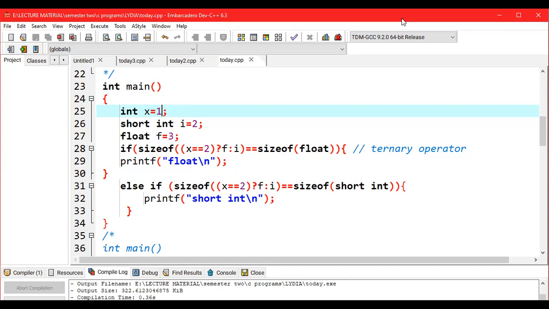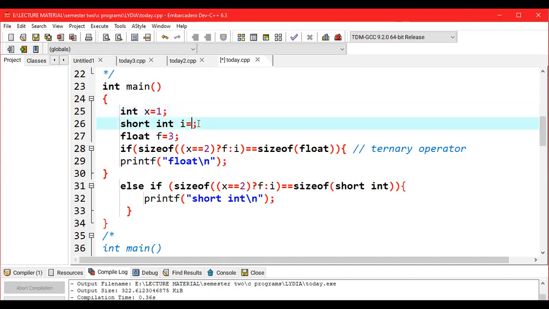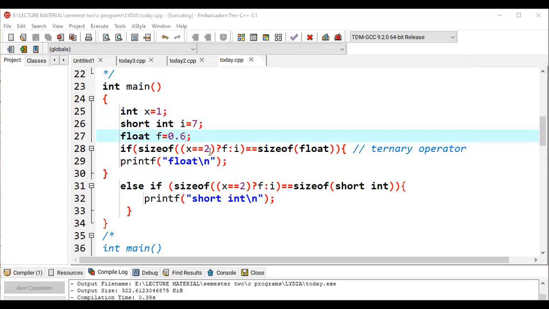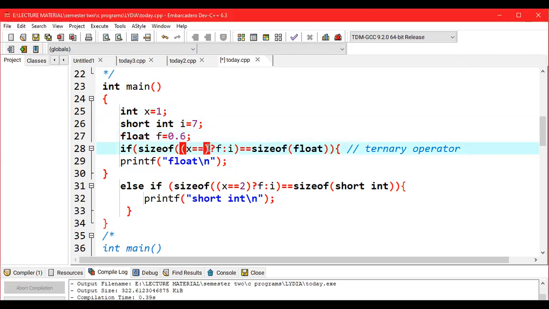I'm not understanding what it is doing surely here. If I make this one a 7 and run, it returns still a float. Maybe let me put here 0.36. Still a float. Let me put here a 1.